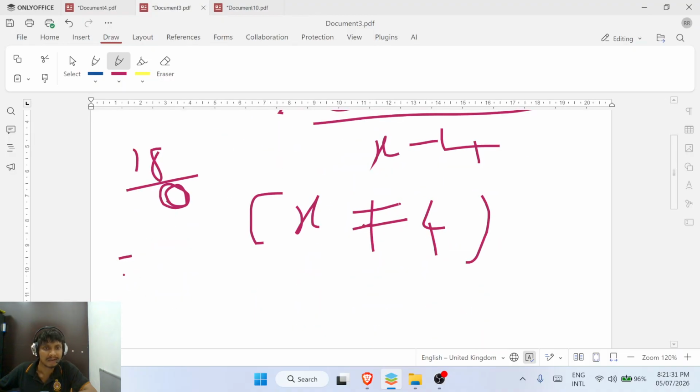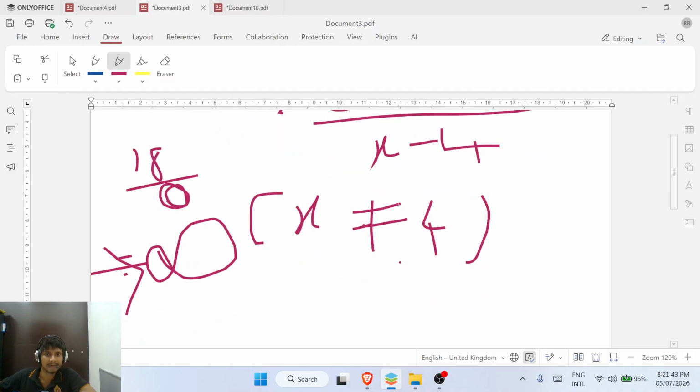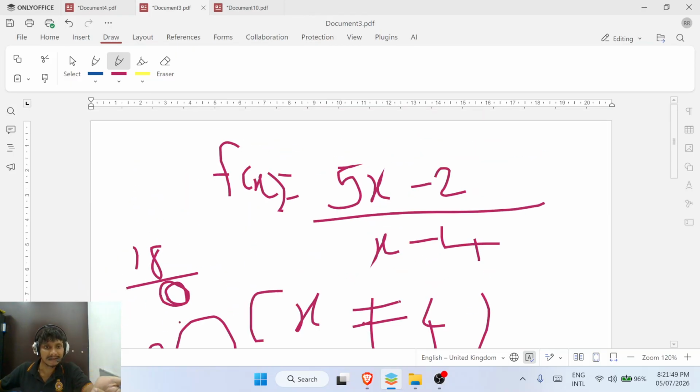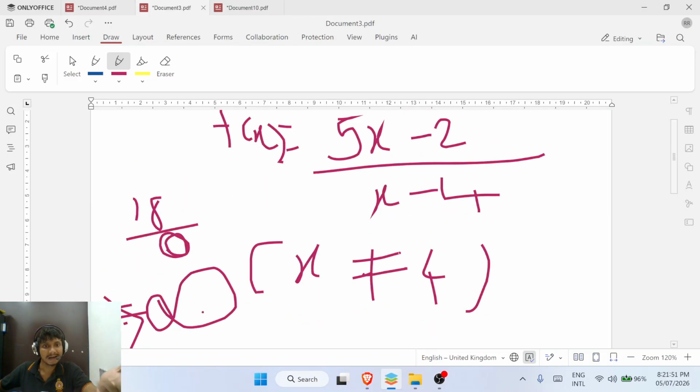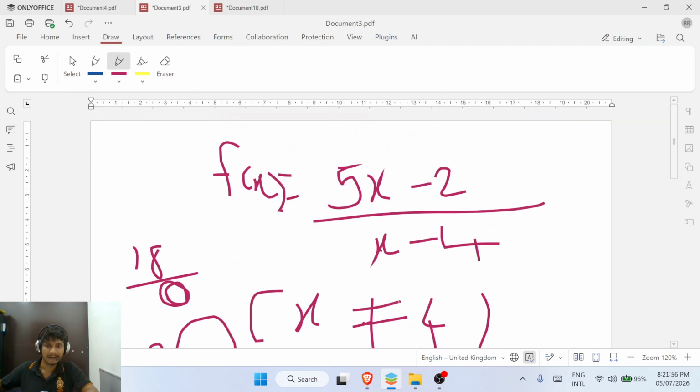What is the value of 18 by 0? It tends to infinity. Therefore, they say that x is not equal to 4. If we substitute 4 for x, we will not get a real number, we will get an infinite number. That's why they are excluding it.